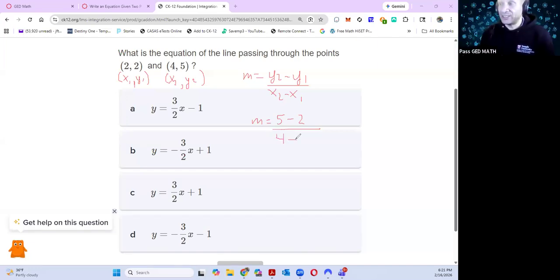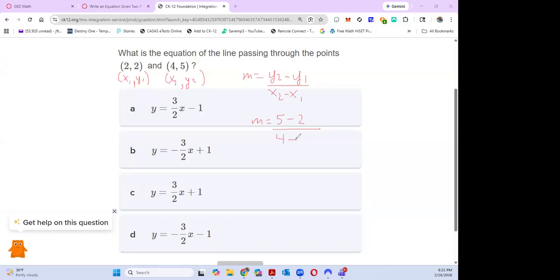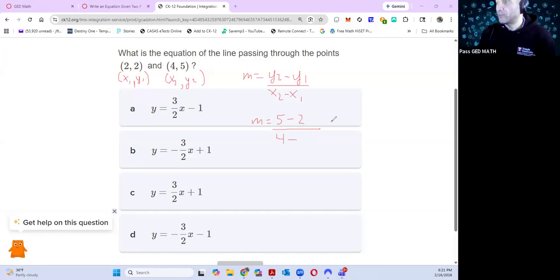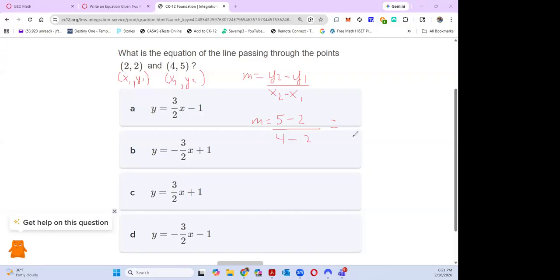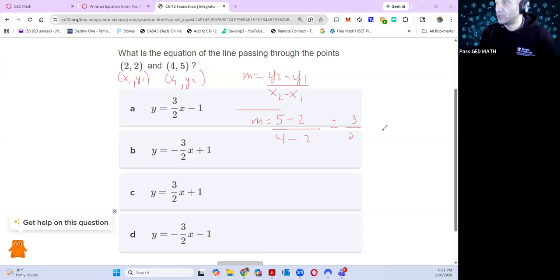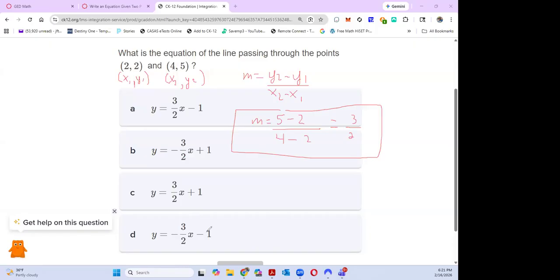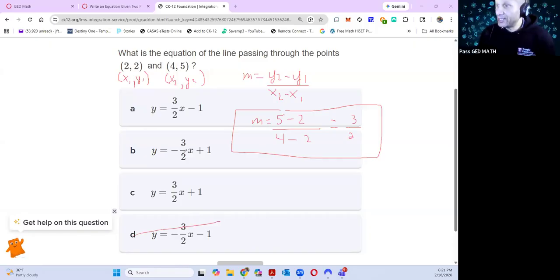Minus, because that's what the formula says, x2 minus x1. What's x1? 2. What's 5 minus 2? 3. What's 4 minus 2? 2. My slope that I'm looking for is 3/2. That means I can get rid of D and I can get rid of B.